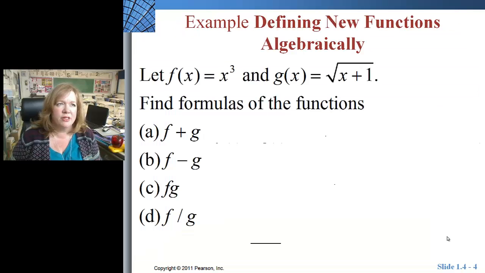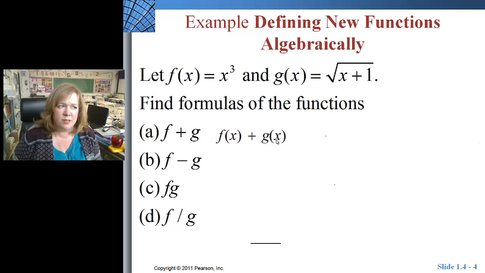So let's take a look at this first one. It says find the formulas for the following functions. Here's our f of x equaling x cubed, and g of x equals the square root of x plus 1. So when you see f plus g, all you do is add them. F of x plus g of x, and f of x is x cubed, g of x is square root of x plus 1, so we will just write it like this.